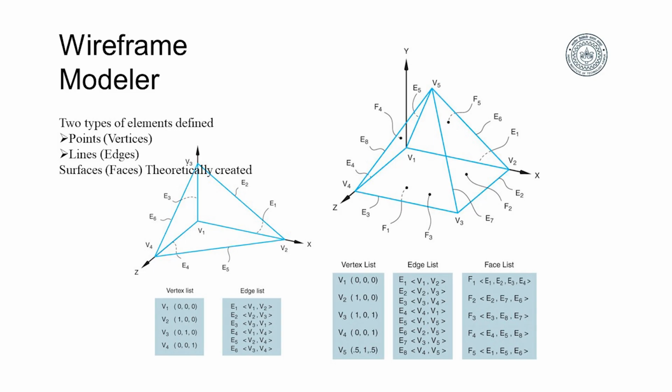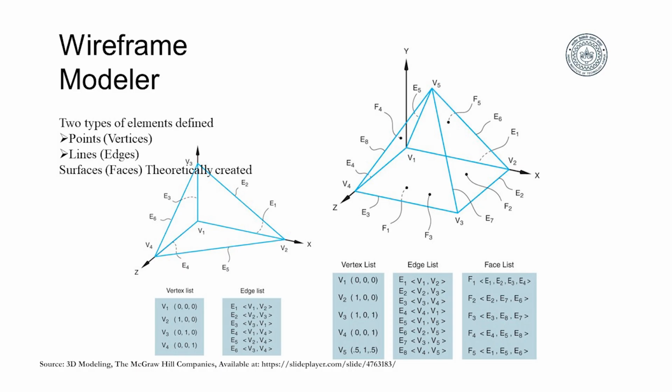So, AutoCAD started off as a wireframe modeler. So, in a wireframe modeler there are two types of elements which are defined, the points or vertices and the lines or edges. So, using these points and by joining these points to create these edges, we can create the wireframe model of any object. So, what you have in the wireframe modeler is a list of vertices, a list of edges.